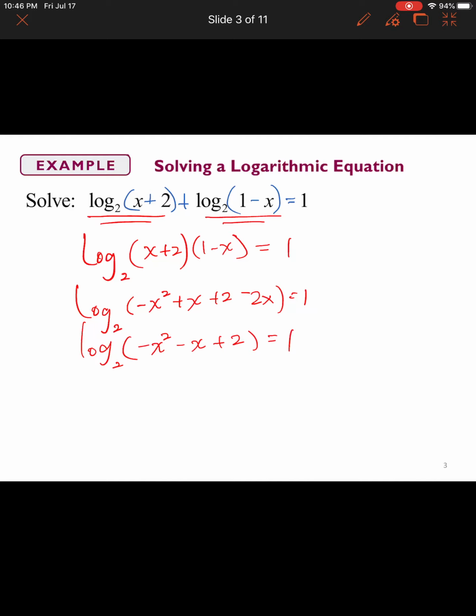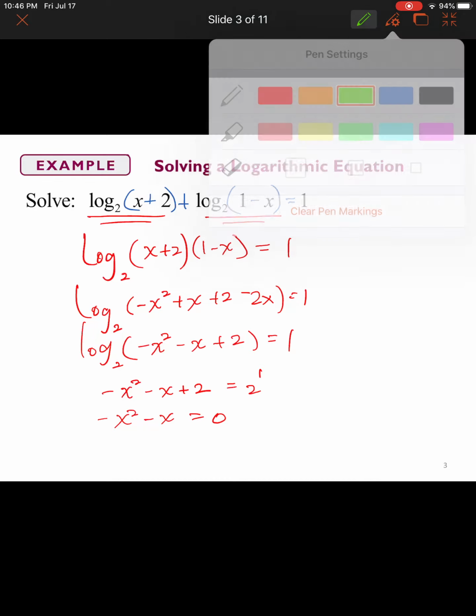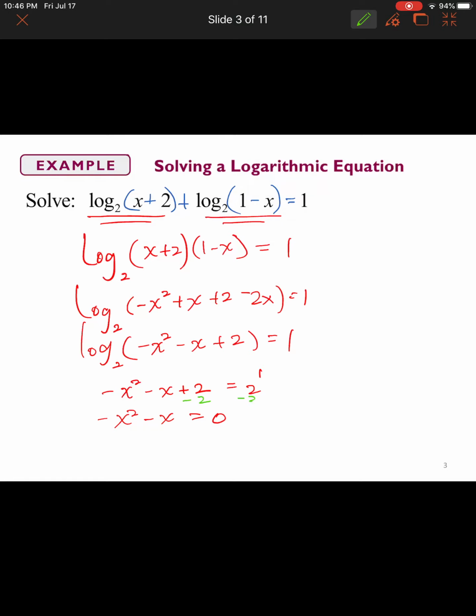Now we want to solve this by converting the log to an exponential. So we have negative x squared minus x plus 2 equals 2 to the 1. And finally, simplifying, we have negative x squared minus x equals 0 when we deduct 2 from each side.